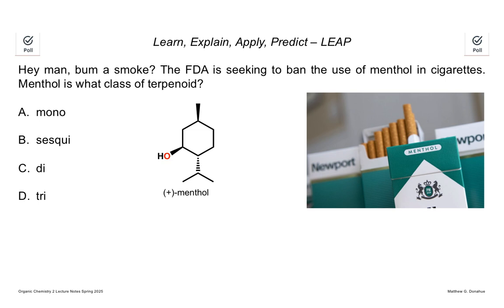So you're looking for sort of 2 methyl groups, and I see that right here. And then we need 5 total carbons for one of the monomers. And so that's going to connect here. And so there's 2 of those monomers, 10 total carbons, so it's a monoterpene.